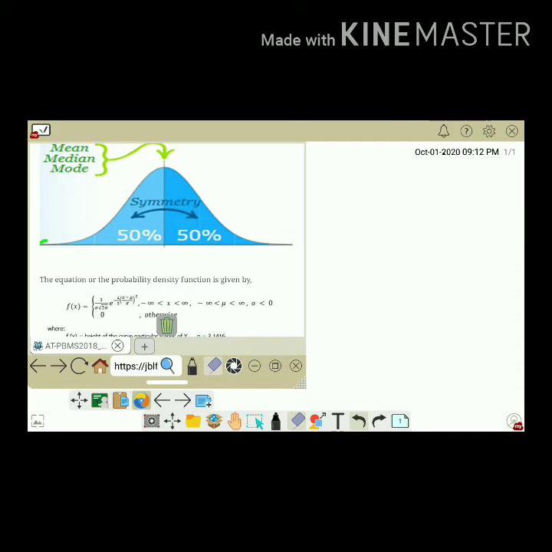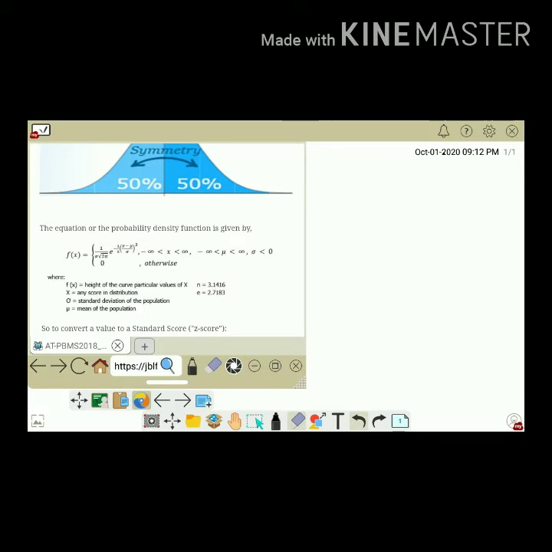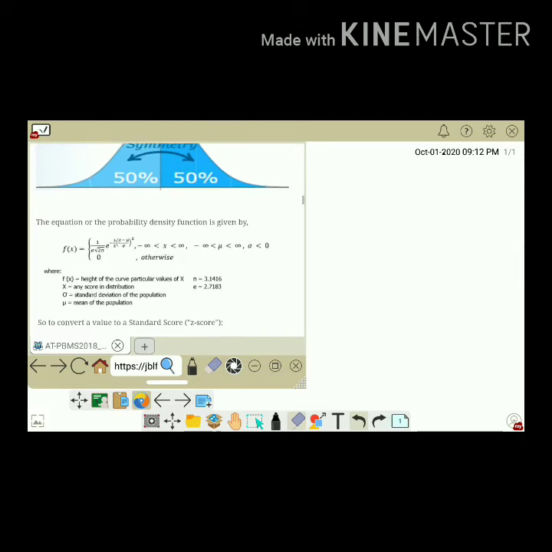Okay, so here is the formula for that. For your height, that is your f of x that determines the height of your curve, and you have this formula. Otherwise it is 0. If x is between negative infinity and positive infinity, and of course we need to fulfill the condition that your standard deviation is not equal to 0.